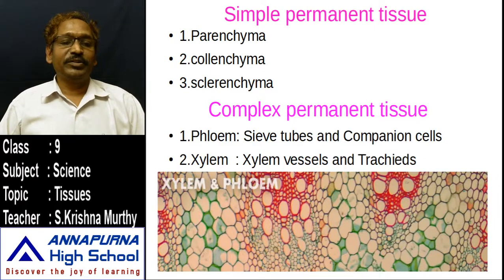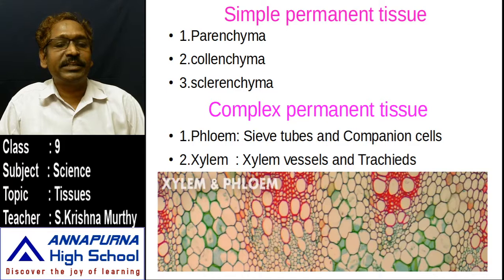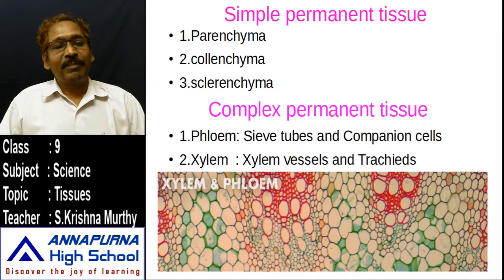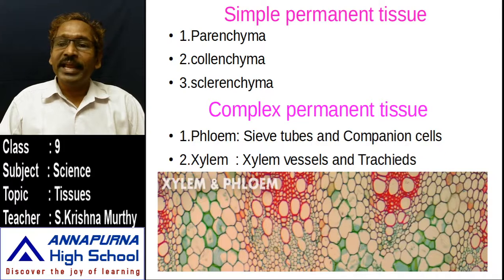The simple permanent tissue has three parts. One is the parenchyma, another is the collenchyma, and another is the sclerenchyma. Let us study parenchyma tissues. Look at this diagram here. Observing the parenchyma tissues, in between the cells there is some intercellular space.